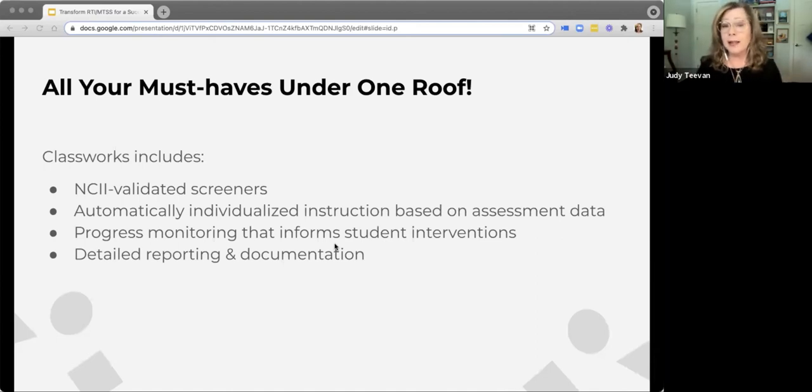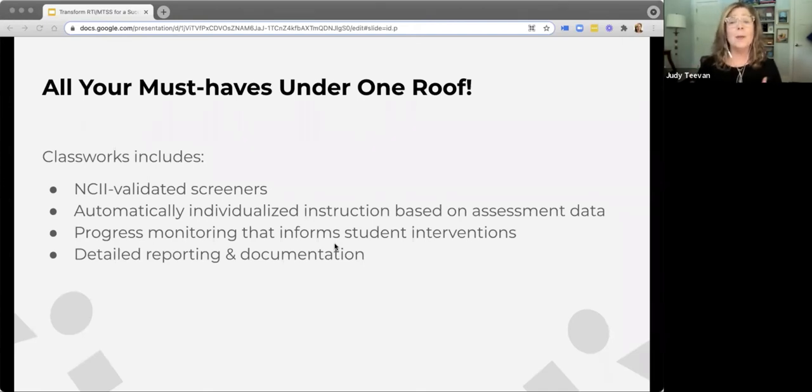Classworks automatically assigns a screener to all students at the beginning of the year. Now, both math and ELA are in one platform. So then the intervention is automatically created for every student based on the assessment results. Progress monitoring is also in that same platform, making life easier for teachers and students.